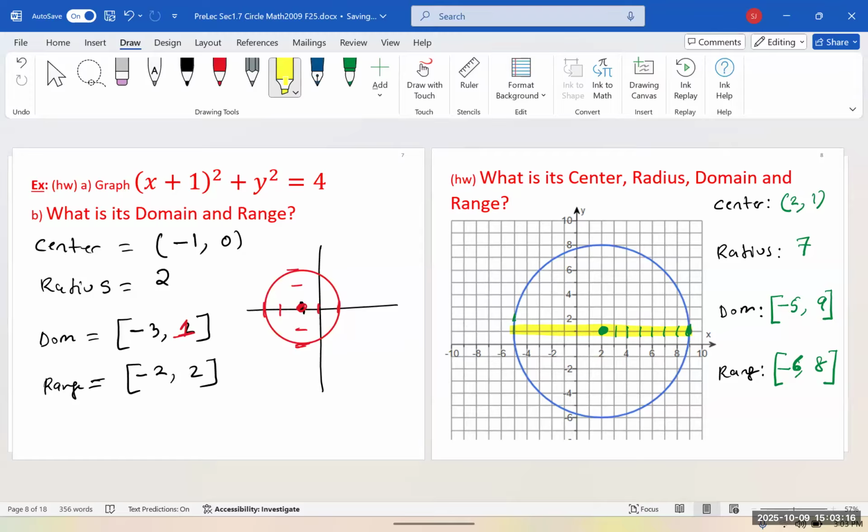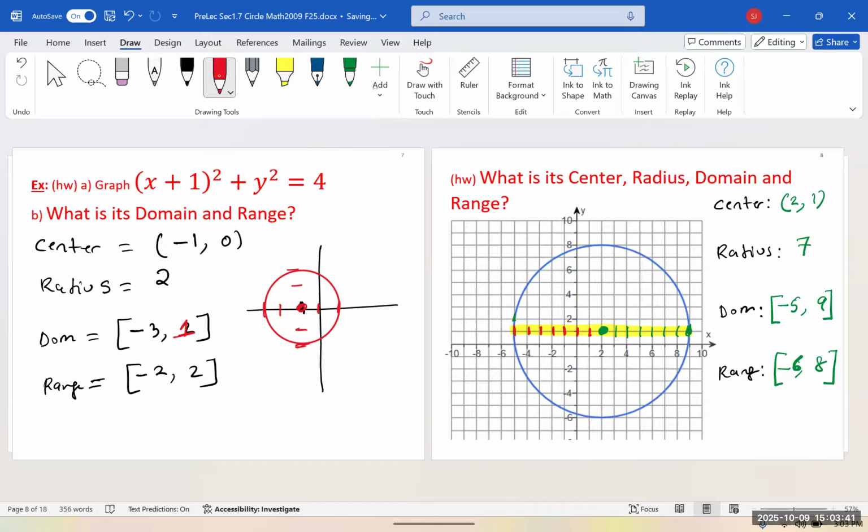So you know the radius is 7. Even if you don't see a number here, no problem, you start counting. So this is 1 unit to the left, which is 1. This is 0, -1, -2, -3, -4, -5. So from the center, if you go radius units, you start at -5. So the leftmost point is -5.